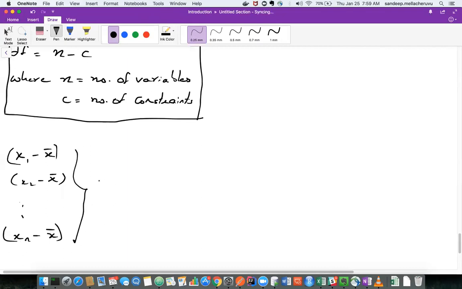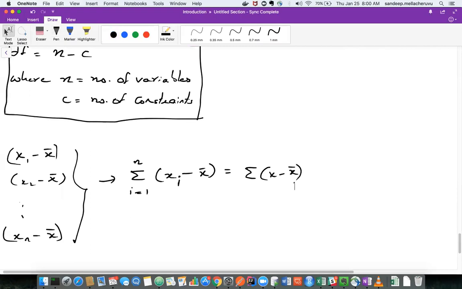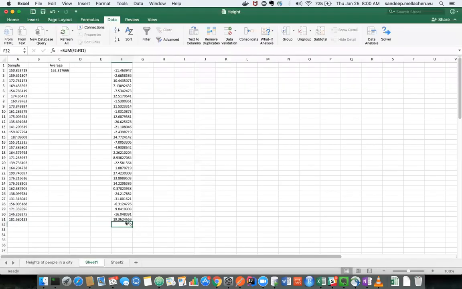Sigma xi minus x bar, where i ranges from 1 to n. Instead of writing that i notation, I'm simply writing it as sigma x minus x bar. And surprisingly, it is becoming 0.